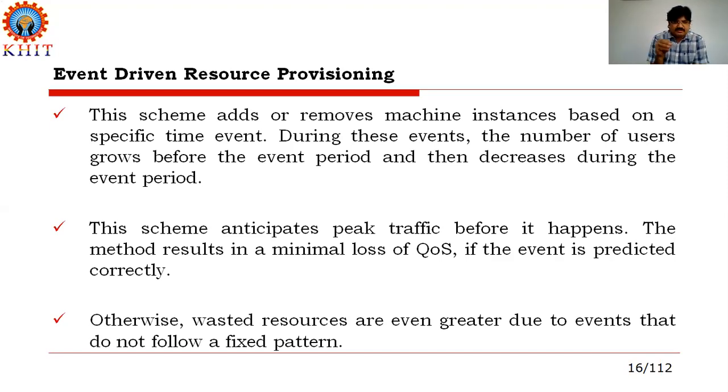The number of users will grow before the event period and decrease during it. This scheme anticipates the peak traffic before it happens, and it results in minimal loss of quality of service if the event is predicted correctly. Otherwise, the wasted resources are even greater, because events do not follow fixed patterns.